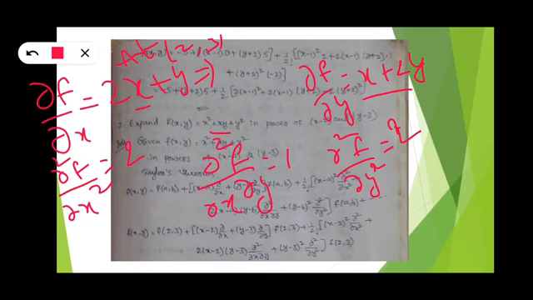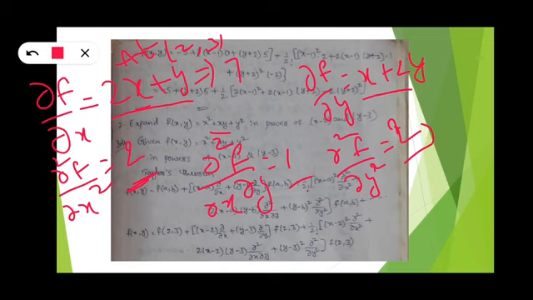So 2 into 2 is 4, 4 plus 3 is equal to 7. So ∂f/∂x at (2, 3) will be 7. Here, if we see this one and this one, these are all constants. There is no chance to put x and y values here.